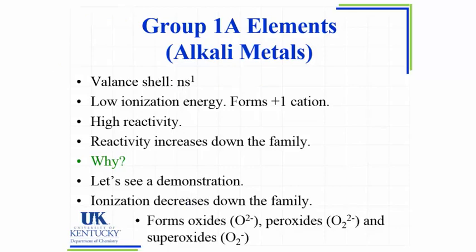The other thing that we ought to take note of with these 1A metals is that they not only tend to form oxides, they form peroxides and what are called superoxides. So what's a superoxide? A superoxide has two oxygens held together with a -1 overall charge.